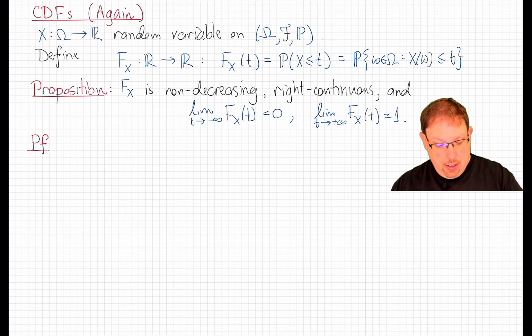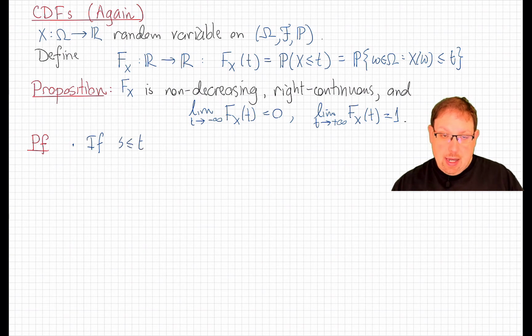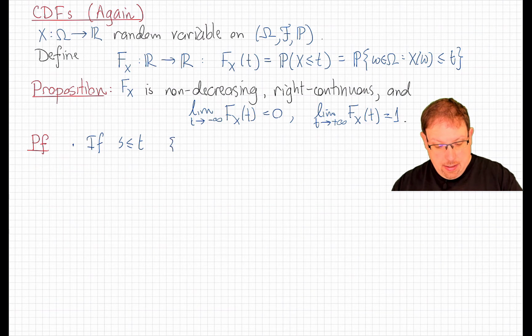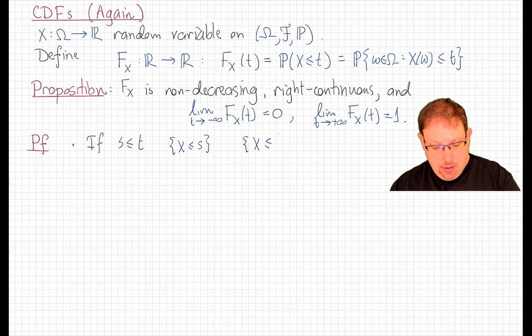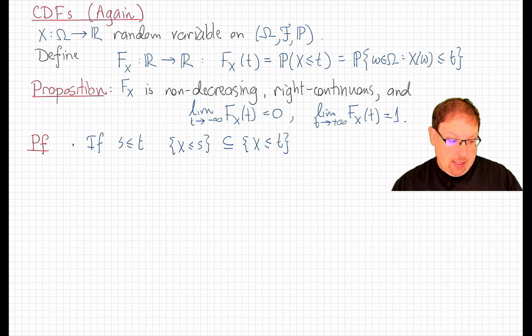So for non-decreasing, if I have two real numbers, s less than or equal to t, and I look at the events that the random variable X is less than or equal to s, and the event that X is less than or equal to t, well, because t is larger than s, if X is less than or equal to s, then it will also be less than or equal to t. That means we have a containment of these two sets.